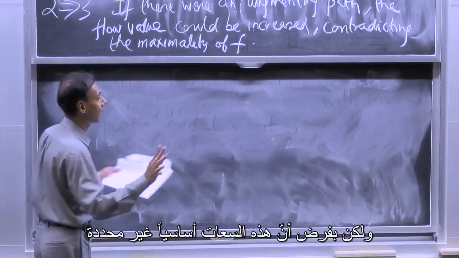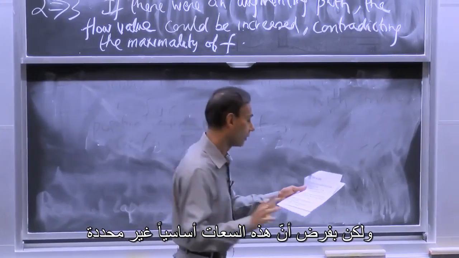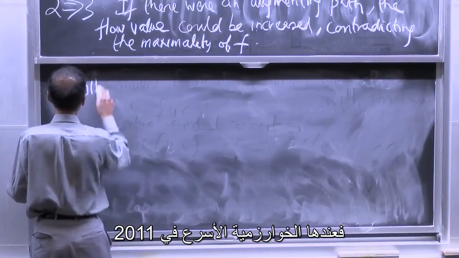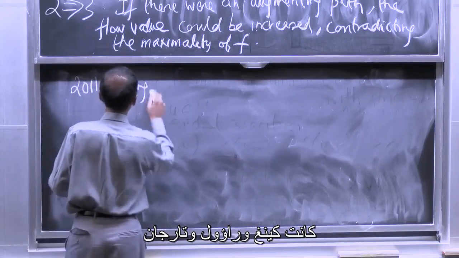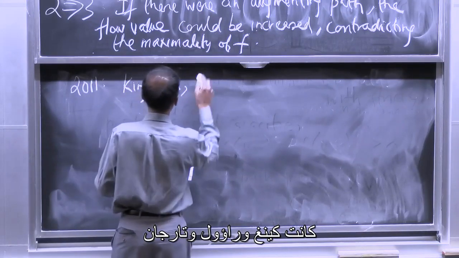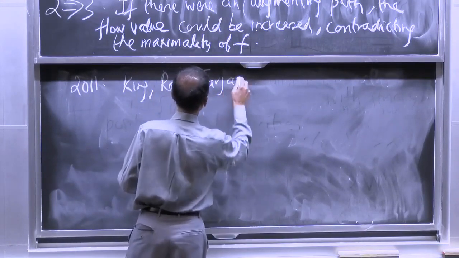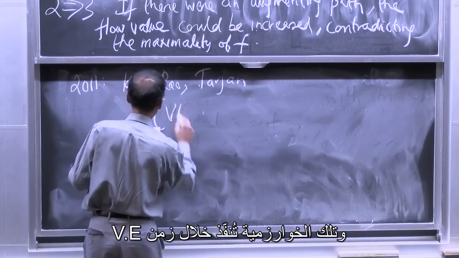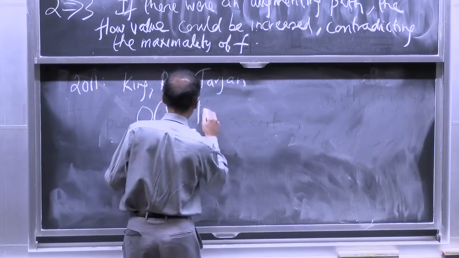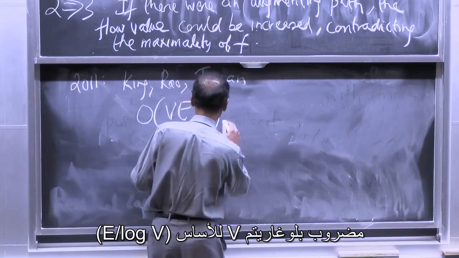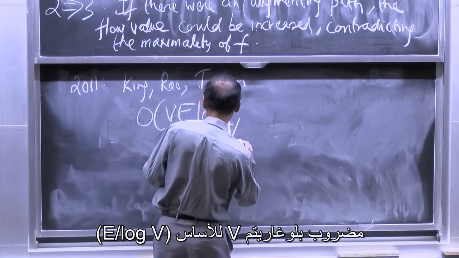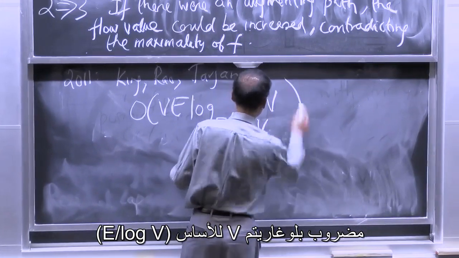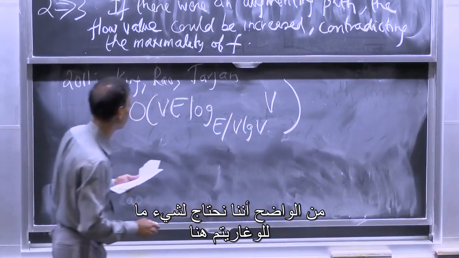But assuming that those capacities are essentially unbounded, then the fastest algorithm in 2011 was King, Rao, and Tarjan. And that runs in order VE log base (E divided by V log V) of V. Obviously need something for the log here.